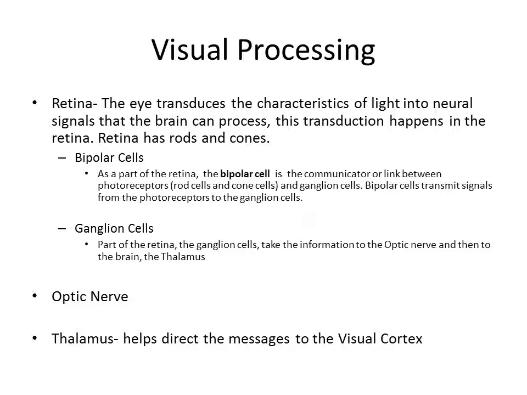Specifically, it stops at the thalamus first. After the ganglion cells take the message to the optic nerve, the thalamus helps direct the message to the visual cortex. So I would make sure from the first slide to the second slide you write down the pattern, or the order in which visual processing takes place.